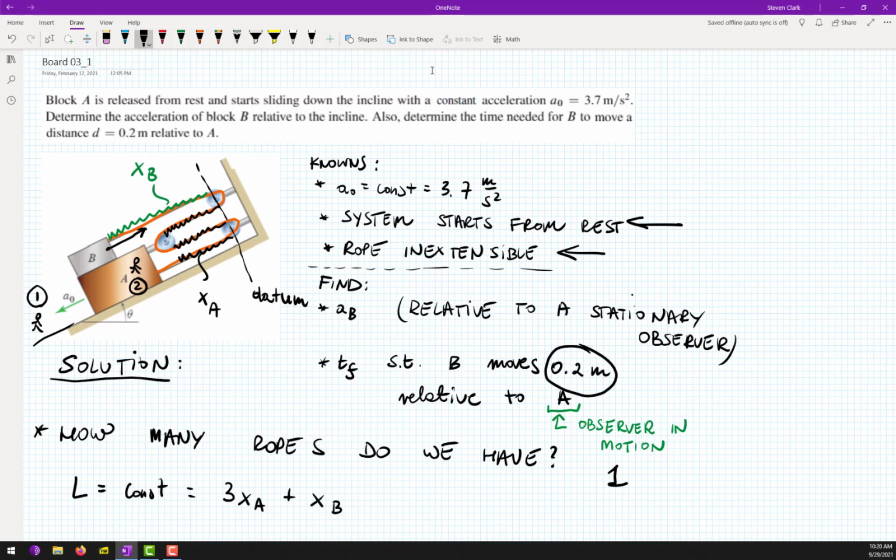Okay, let's go to velocity and acceleration levels. We will have to do exactly the same as last time. Let's differentiate over time once and then twice.